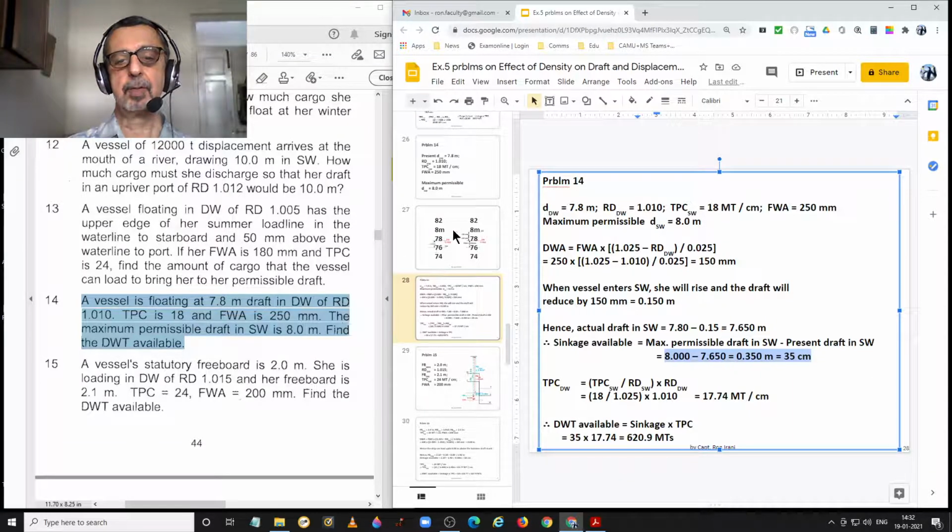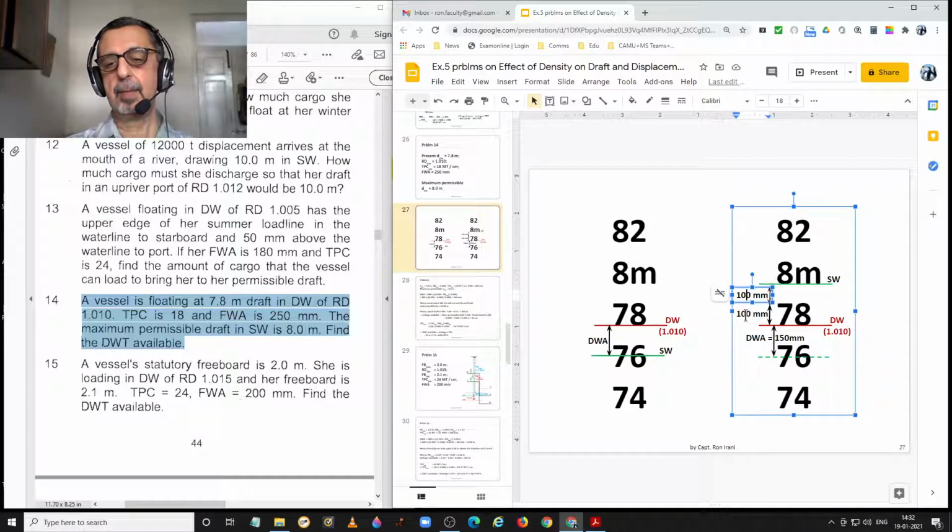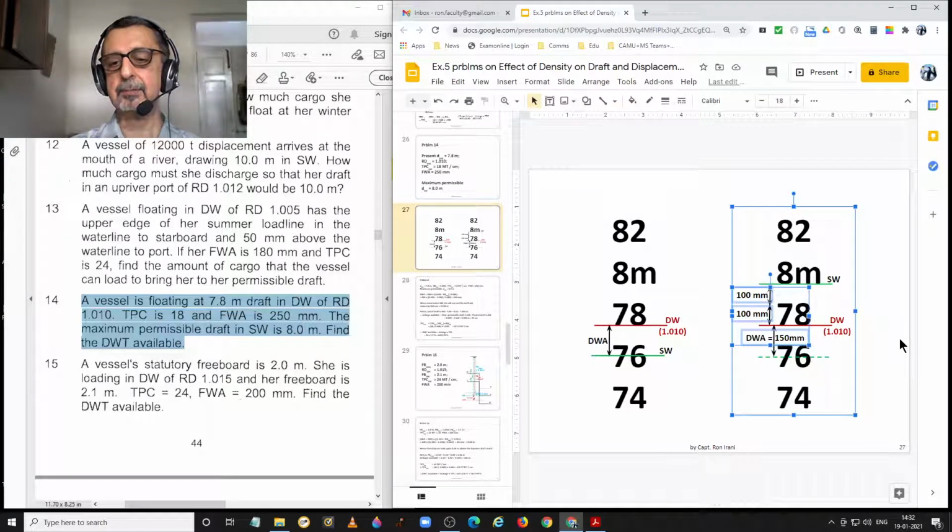Another way to look at it is, as I explained earlier, you have 100 millimeters plus another 100 millimeters, 200 millimeters, plus dock water allowance 150 millimeters, that is a total of 350 millimeters or 35 centimeters.